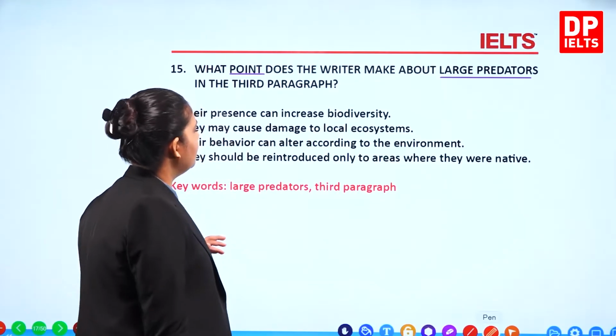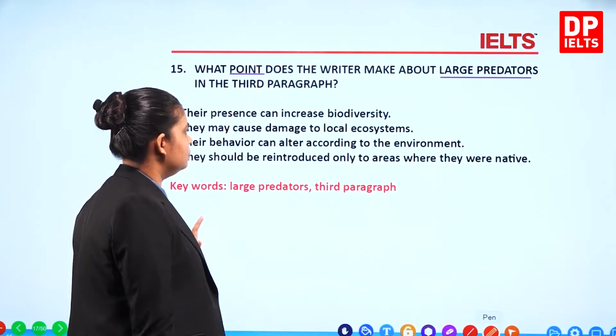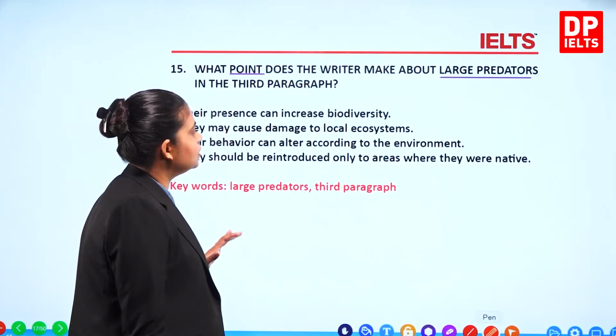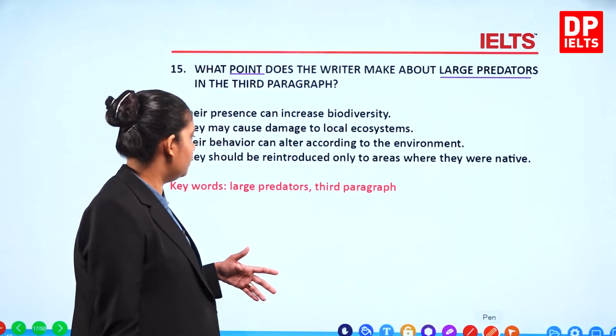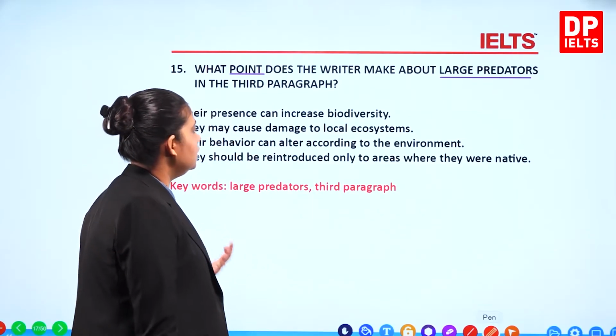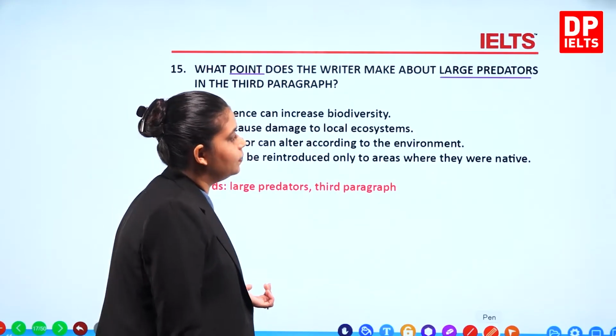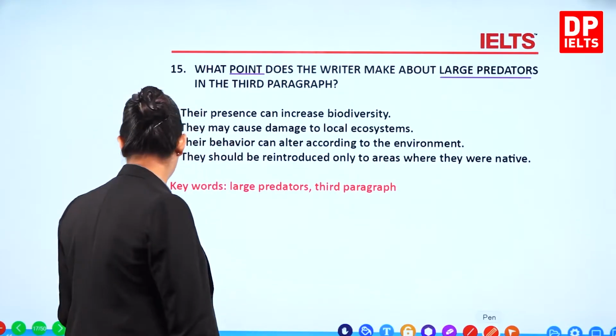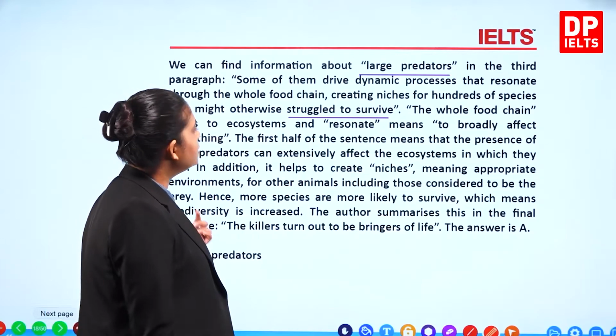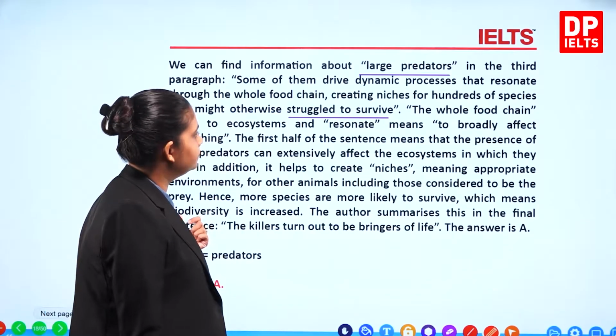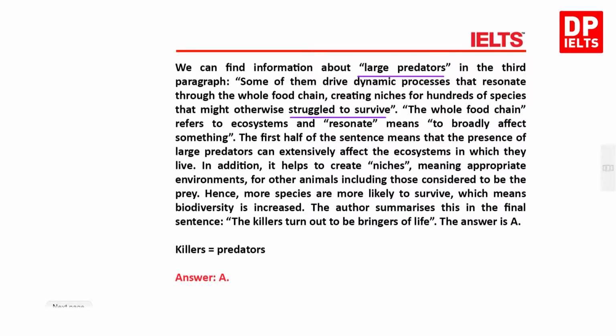They may cause damage to local ecosystem, not really. Can alter according to the environment, didn't talk about it. They should be reintroduced only to areas where they were native, not really, okay?